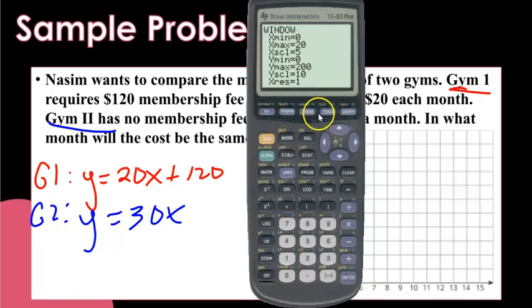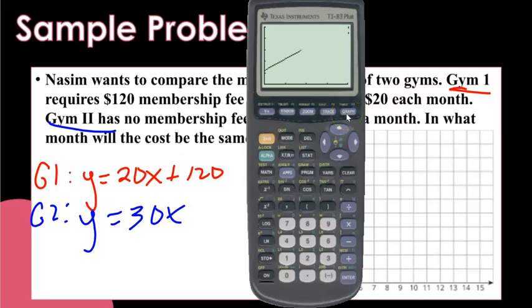Now I might change my window setting. Let's just keep it as is to see where, if they do cross, I need to extend the y maximum. So let's make this 500 and count by 100.